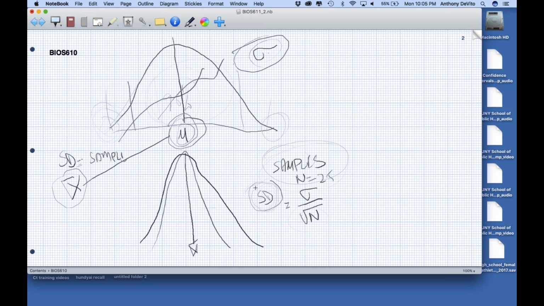So we need a special term to talk about the standard deviation of repeated samples, which wind up with this narrow sample distribution, right? We're going to call that instead the standard error, SE for standard error. So the standard error, the standard deviation of repeated sample means, is equal to the standard deviation divided by the square root of the sample size.